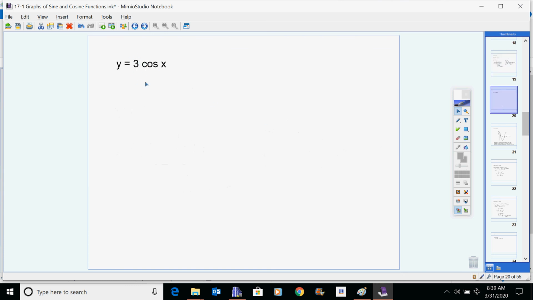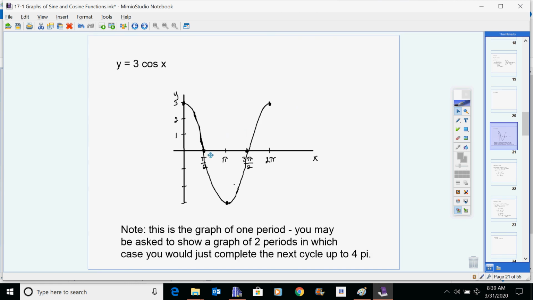When we take 3 cosine x, what really happens is the places where it would have been 1 get extended to 3 and to -3. So my basic cosine graph begins to look like this. Remember I said the pattern was up, middle, down, middle, up. That's always going to be the case for our cosine curve, from wherever your period starts to where the period ends, 0 to 2 pi.